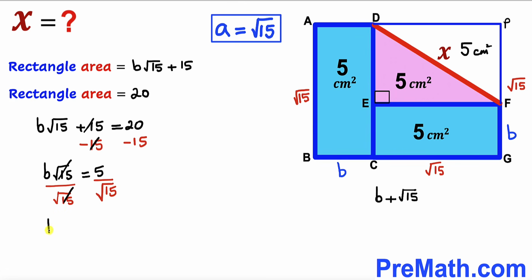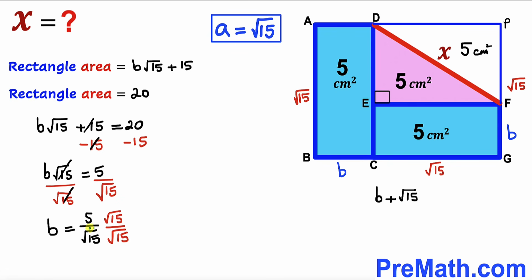So the b value turns out to be 5 divided by square root of 15. Now I'm going to rationalize this denominator. Therefore we are going to multiply and divide by the square root of 15 at the very same time.